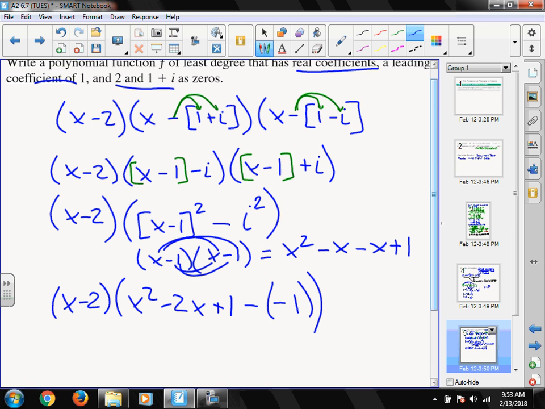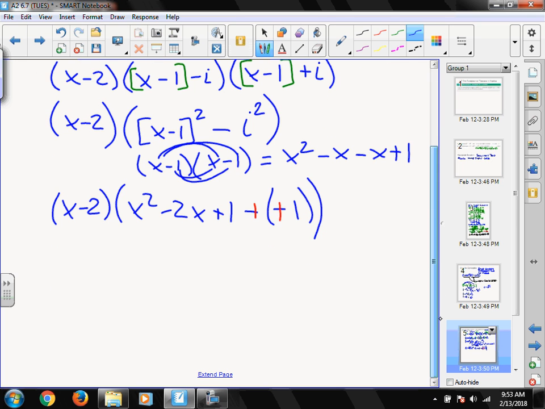So since I'm subtracting a negative, I add a positive. We're almost done, guys. So I end up with x squared minus 2x plus 2 times x minus 2. Do you guys know how to multiply those two together? Yep, use the box.